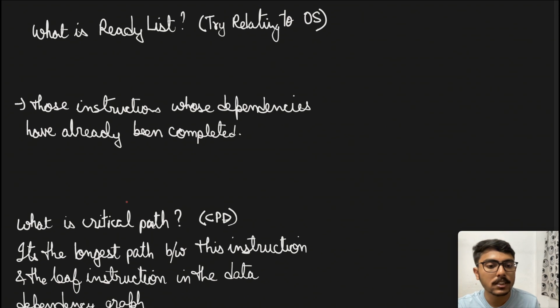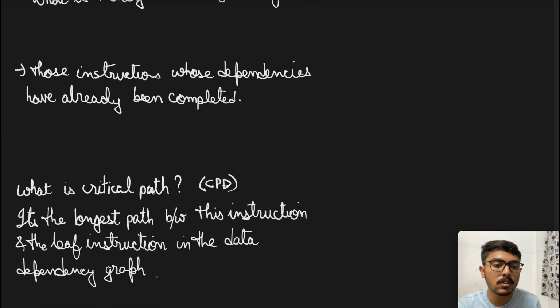It is the longest path between this instruction and the leaf instruction in the data dependency graph. Technical terms are quite a bit daunting, I know, but if we go into a bit of detail, the longest path means, from a given node, the instruction between this instruction, that is the node itself, and the leaf instruction.